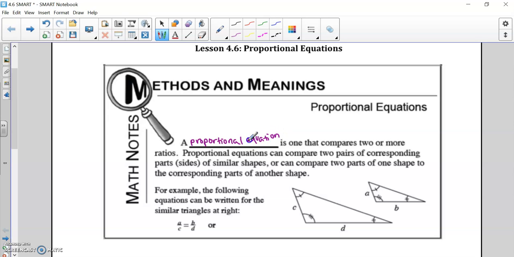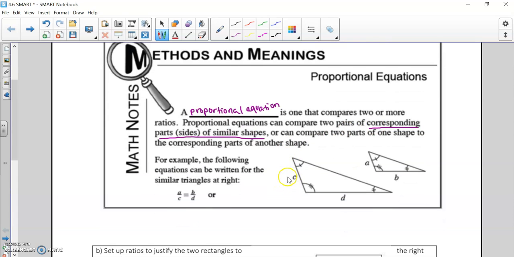Proportional equations can compare two pairs of corresponding parts, okay, this means that the parts match, of similar shapes, or can compare two parts of one shape to the corresponding parts of another.